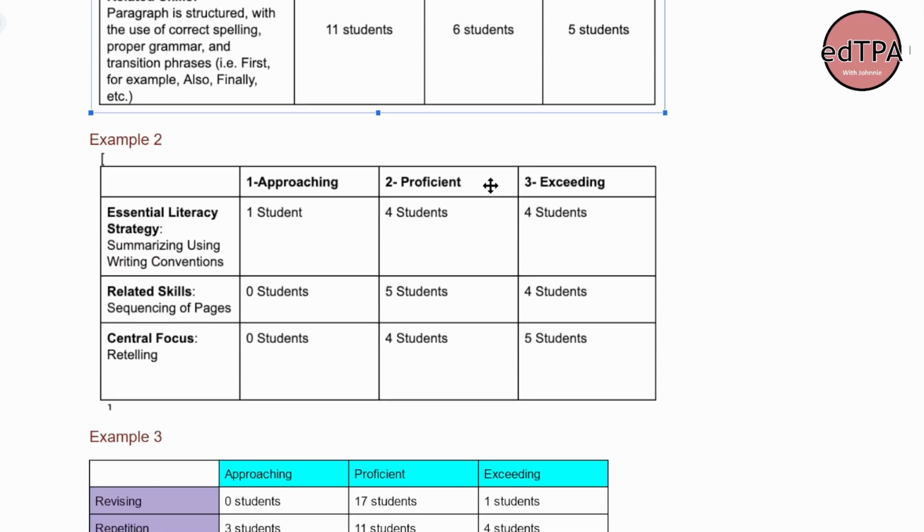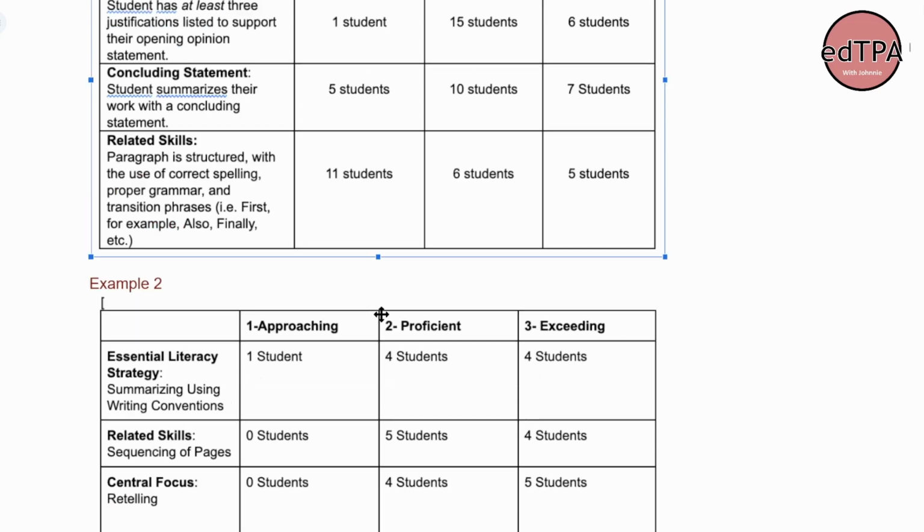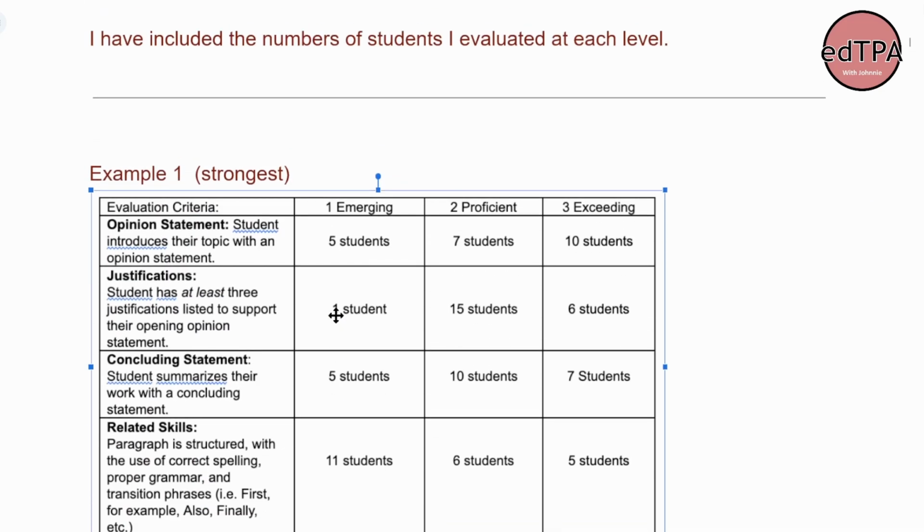Here's a second example, much simpler. Essential literacy strategy, related skills, central focus. This one is fine, but there's not going to be as much to write about that follows. The main thing about these tables is that they set you up for the next prompt. In the next prompt, you're going to be writing about what you understand about your students based on this rubric and how students did.